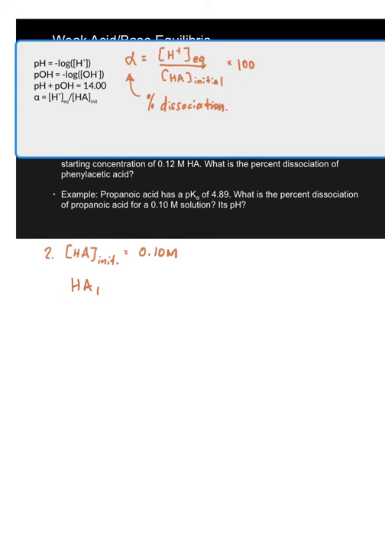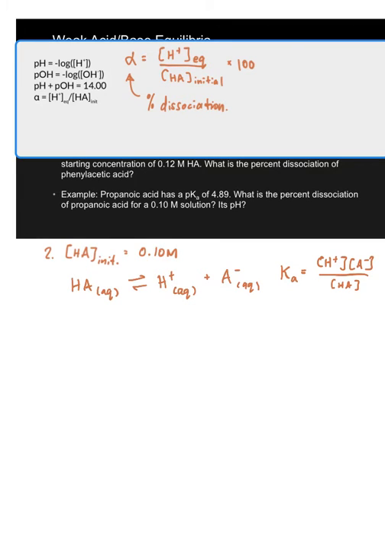HA will establish an equilibrium with dissociated H plus cations and A minus anions. This is described by the equilibrium constant Ka for this particular reaction, which is the concentration of H plus at equilibrium times the concentration of A minus over the concentration of HA.